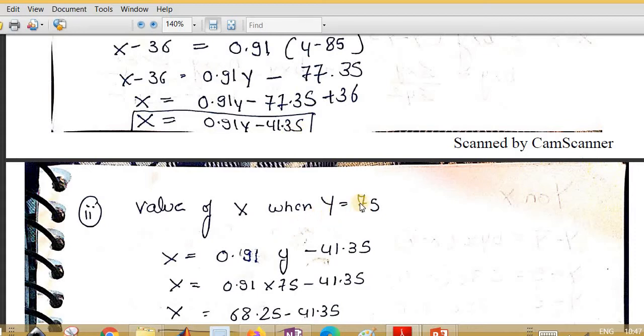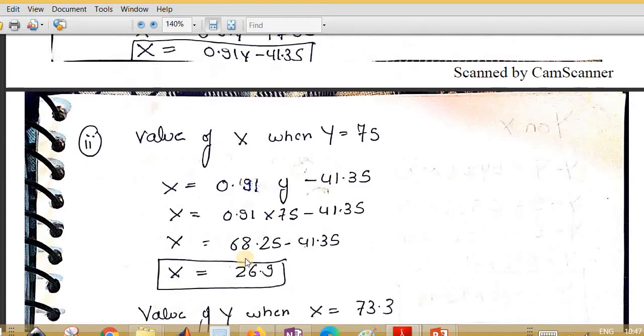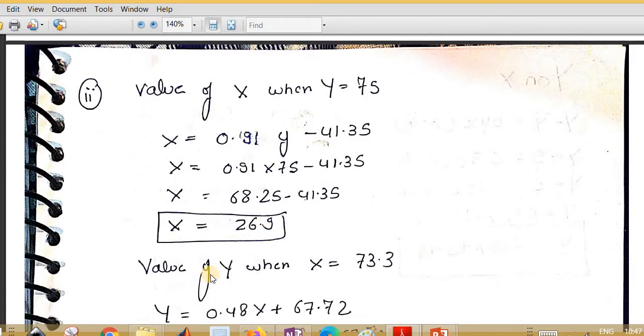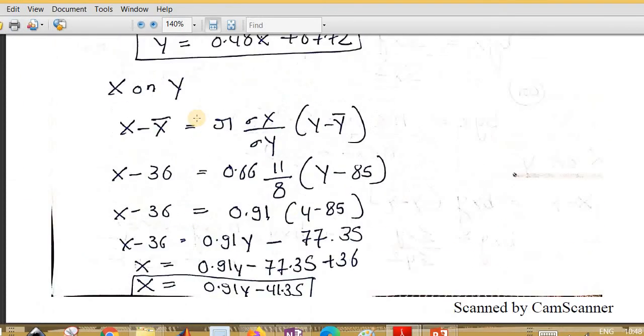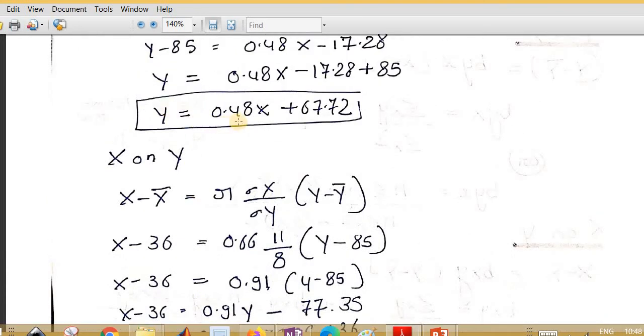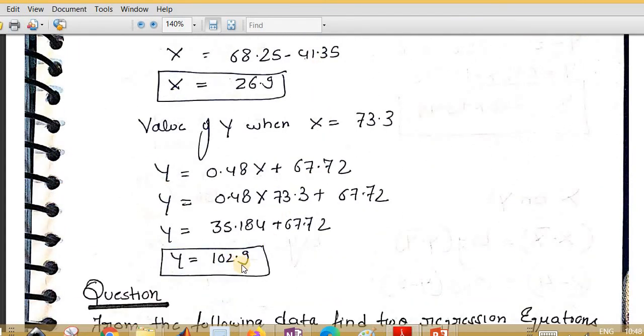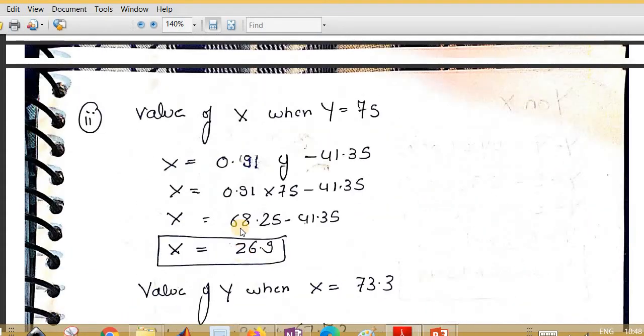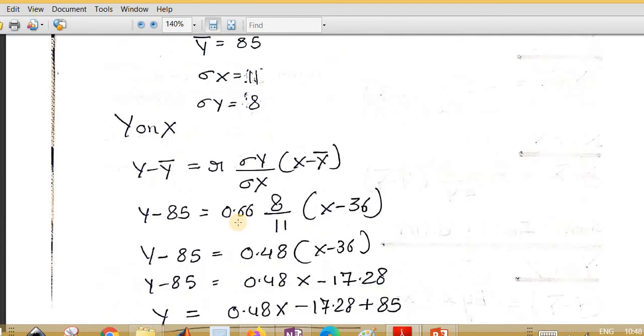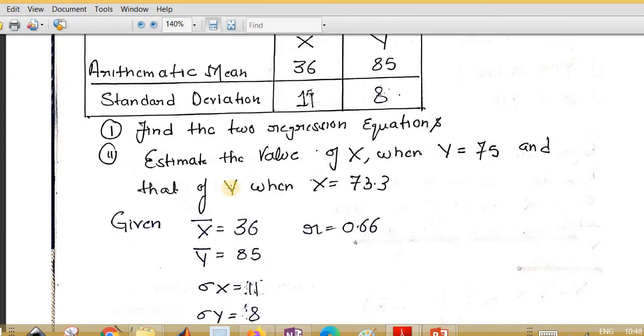Putting the value of y in this equation which you computed right now, you find the value of x. Similarly, for the value of y when x is 73.3, put the value of x in the y equation which you computed previously, that is y equals 0.48x plus 67.72. Then you get the value of y as 102.9. In this way we compute all values by using our given data.